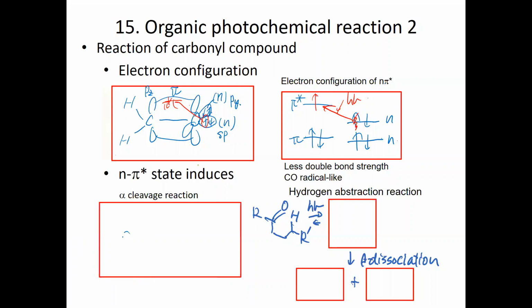If we have a carbonyl connected with other carbons, since the carbonyl is more radical-like, it could cut off this sigma bond. This is the first type of reaction.